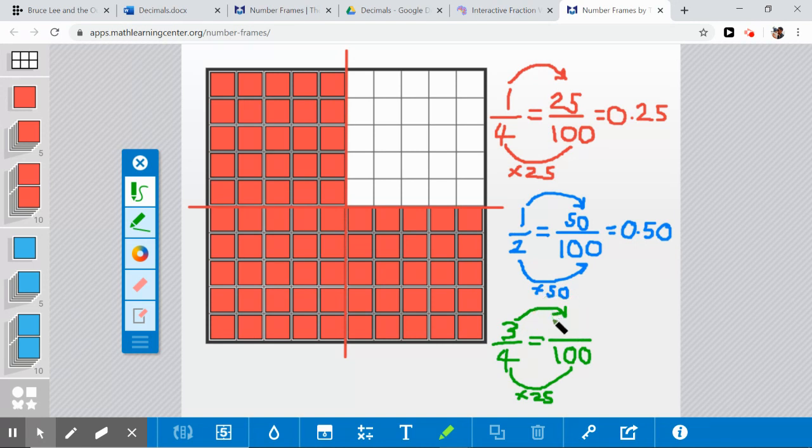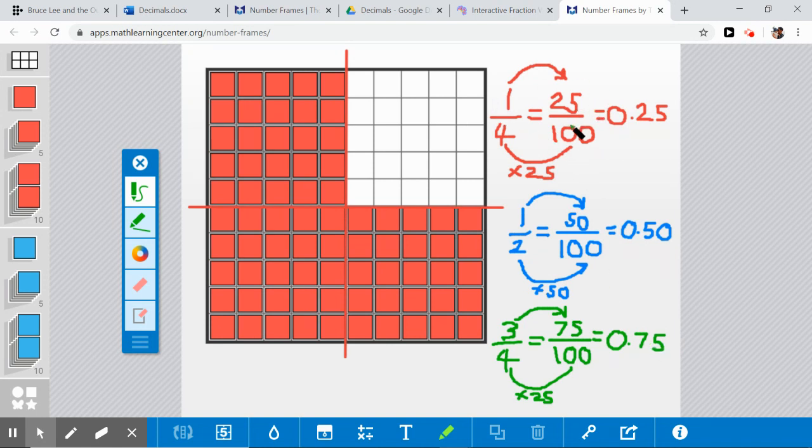Whatever I do to the bottom, I must do to the top. So 3 times 25 is 75. So 3/4 is equivalent to 75 hundredths, which is equivalent to 0.75. 7 tenths and 5 hundredths, or 75 hundredths altogether.